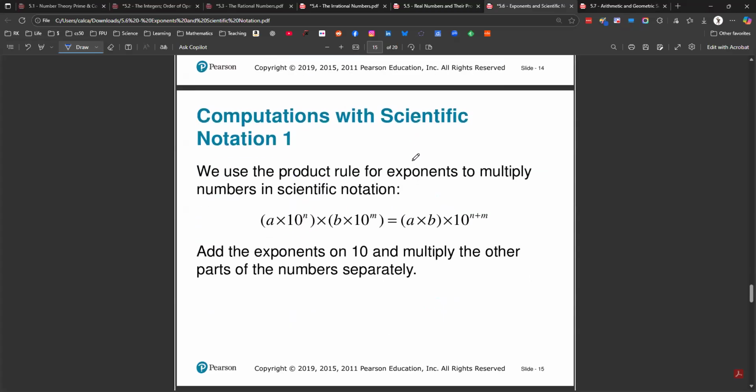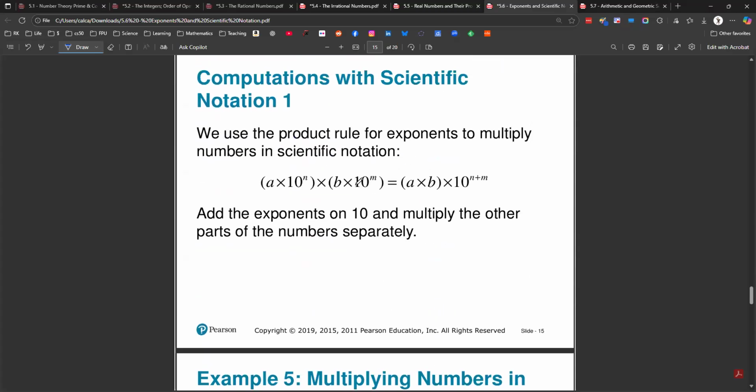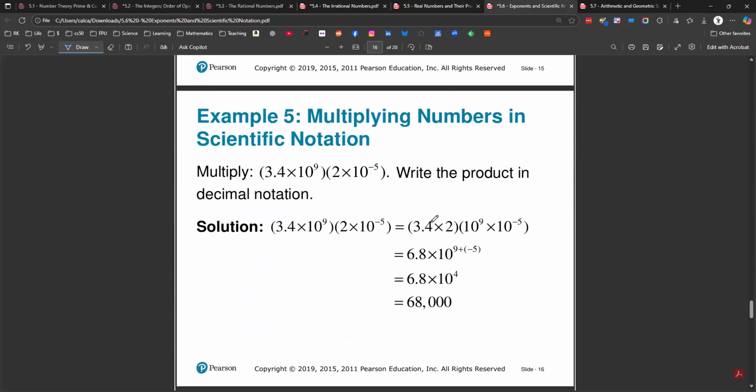Okay. Computations with scientific notation. So just like we did before, using the rules of exponents, whenever you are multiplying, you're going to multiply your two digits, a and b. And then since we have like bases with the exponents, we're going to add m and n together. So you have a times b, and then you're going to multiply it by adding the exponents together here.